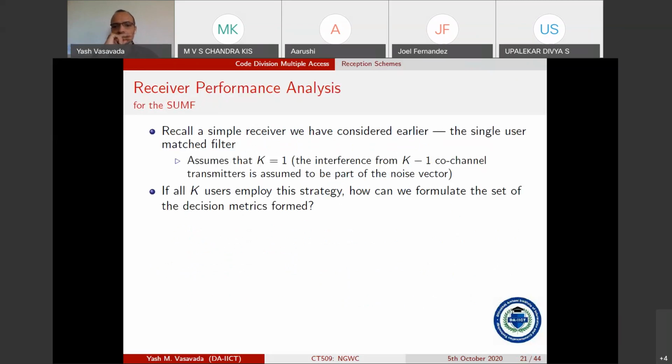Then what will be the form of those single user matched filter outputs? That is my question to you.